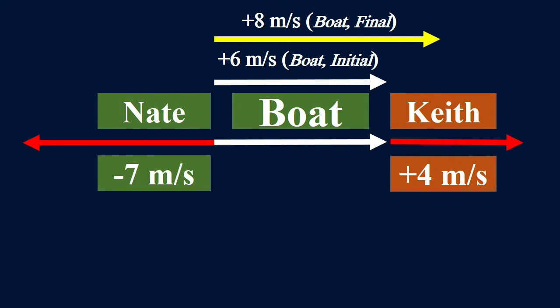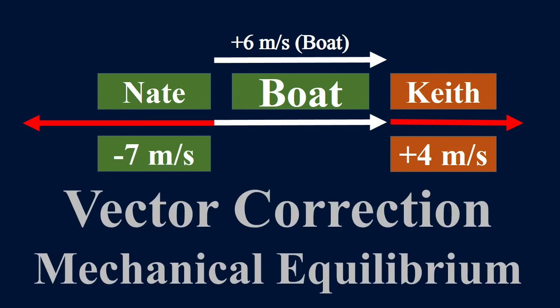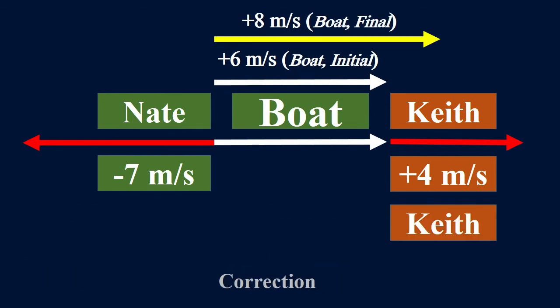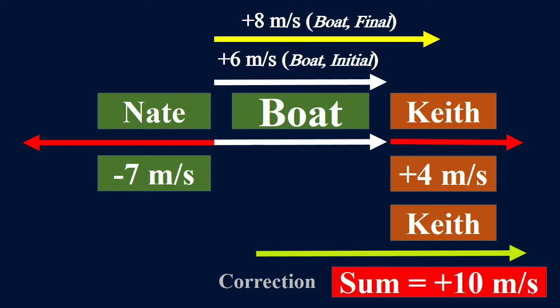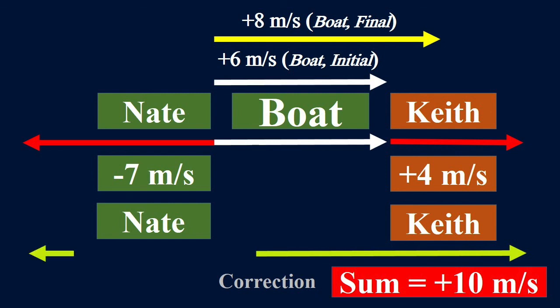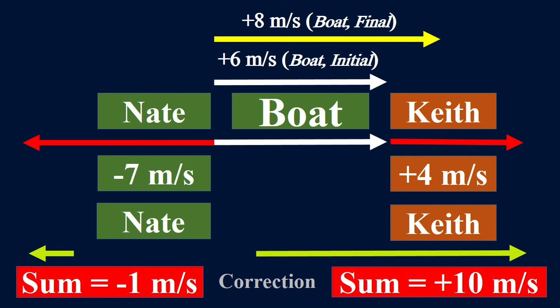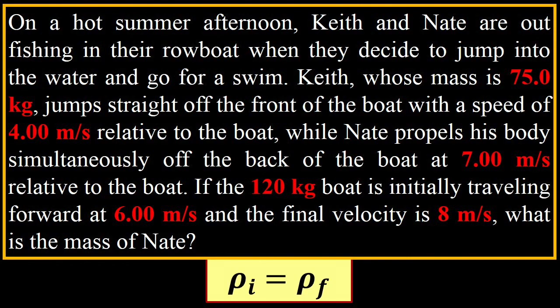Negative 7 meters per second off the back of the boat. You want a vector correction, mechanical equilibrium. So Keith, the correction is going to be what? Plus 10 meters per second. And Nate, the correction is going to be what? Negative 1 meters per second. Let's try to participate in this.